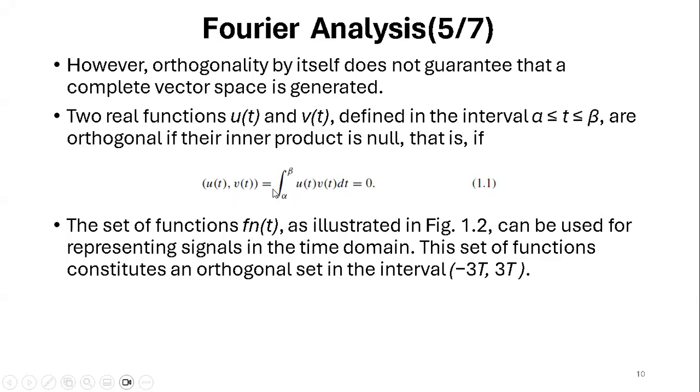of t is equal to the integral, upper limit beta, lower limit alpha. Now this is the function integral we have taken, and it is equal to 0; this is the first equation. Now the set of functions f n of t, as listed in figure 1.2 in the next slide, can be used for the Fourier signals in the time domain.